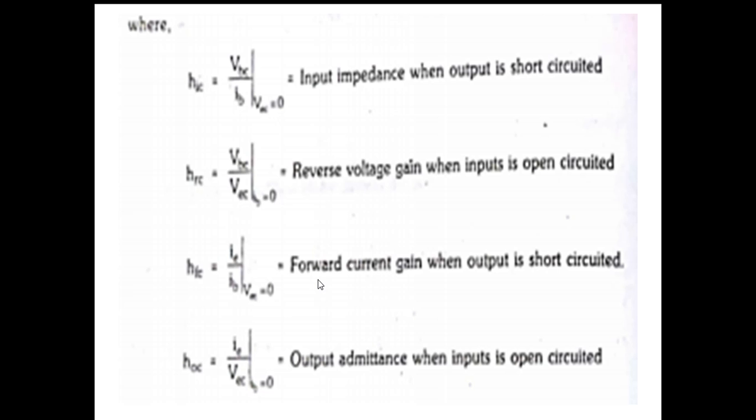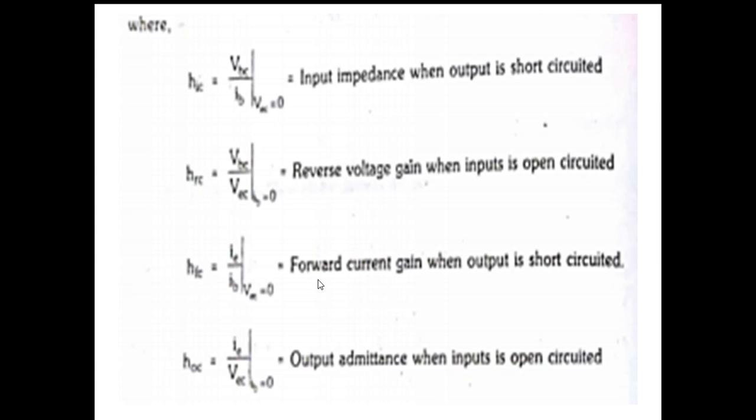Next, HRC, where HR is the reverse voltage gain when input is open circuited, meaning input current is equal to 0. This is the ratio of VBC by VEC, where VBC is the input voltage and VEC is the output voltage. Of course, these two are a voltage ratio, a voltage gain, but voltage gain must be output by input, but here it is input by output, therefore reverse voltage gain.